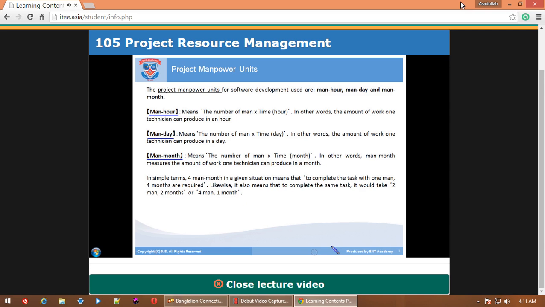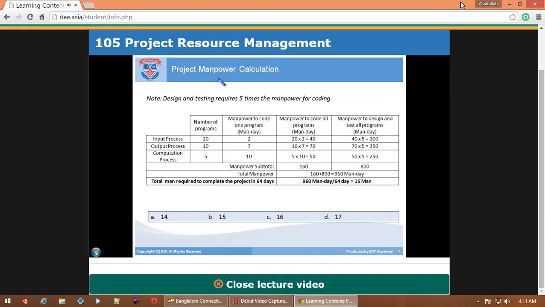Let's calculate the total manpower required to complete this system in 64 days. Remember that we have one relationship. Design and testing requires 5 times the manpower for coding. We have given the chart here.